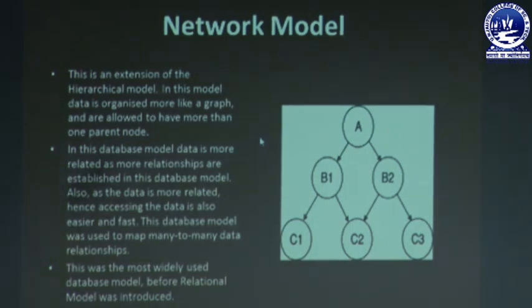In the network data model, a child may have more than one parent, but in the hierarchical data model, a child should have only one parent. That is the main difference.